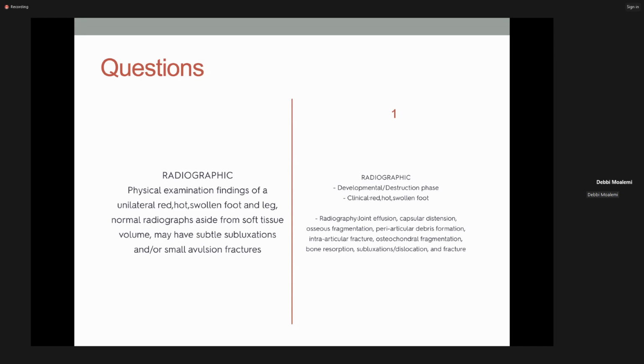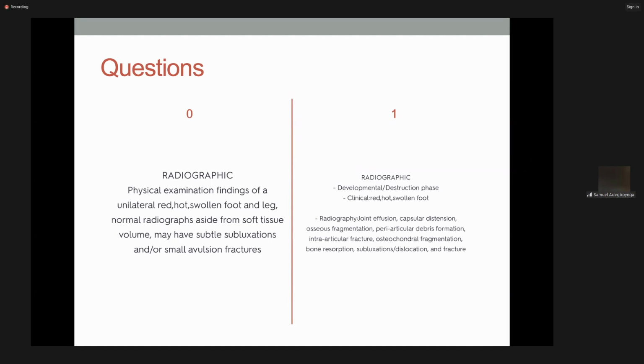What does radiograph mean? An X-ray. Exactly. So you have a normal X-ray, but you have a red hot swollen foot. What stage of Charcot is that? Stage 0. That would be active, so active stage 0, right? Yes. You got it.